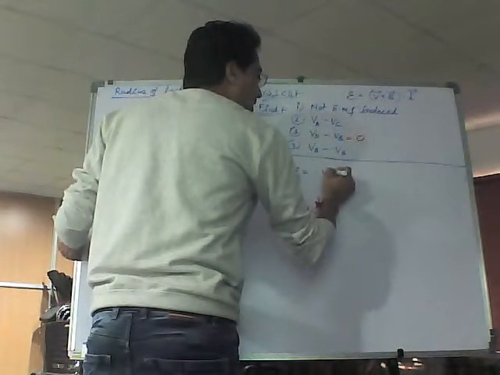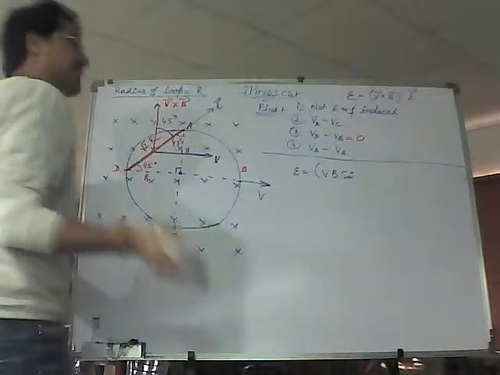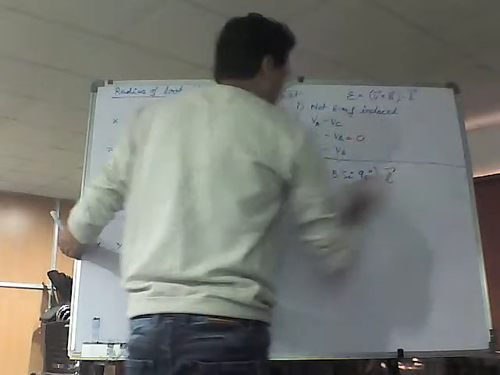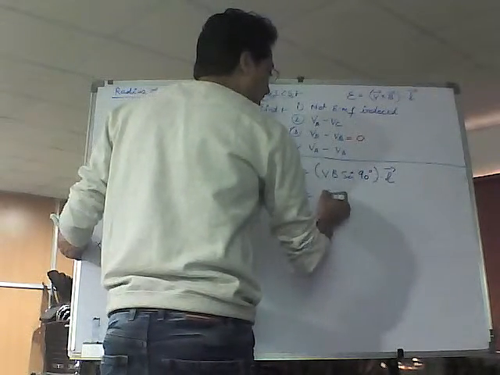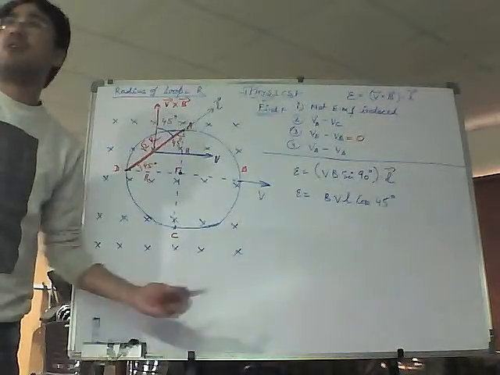So what will I get, induced EMF E as V B sin of V और B के बीच में एंगल 90 डिग्री था, dot L, so E will be equals to B V L cos of 45 degree.